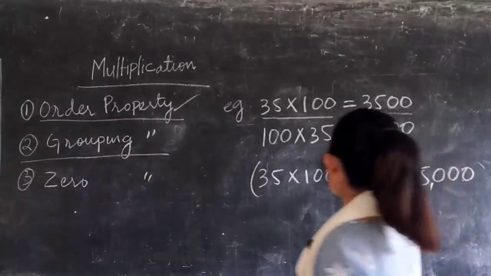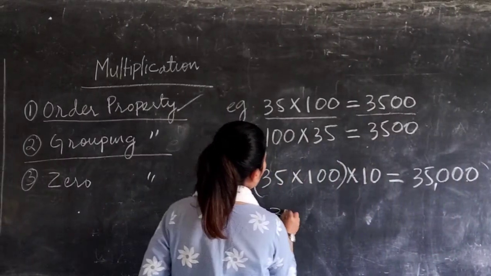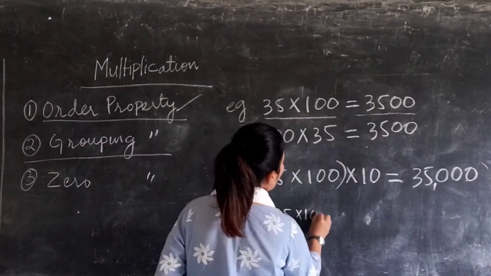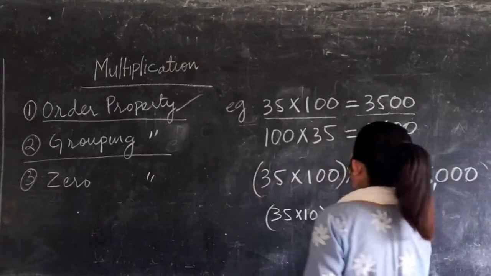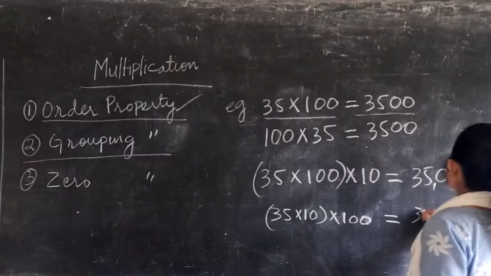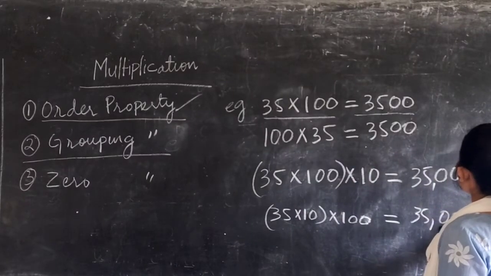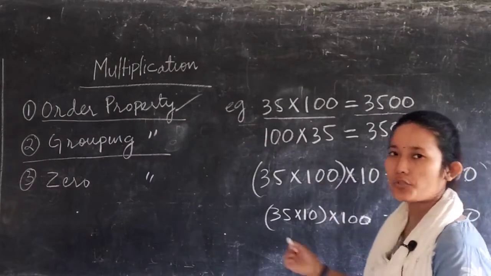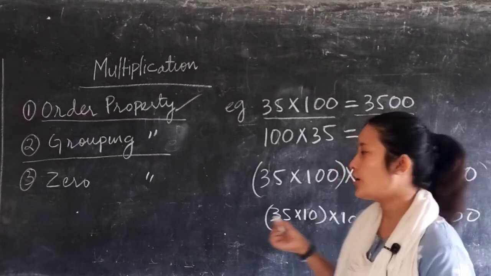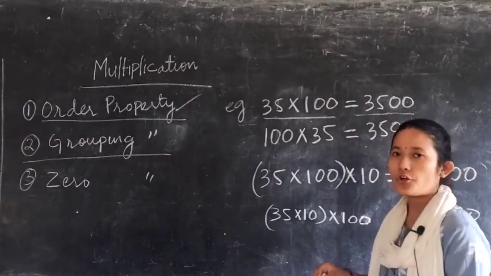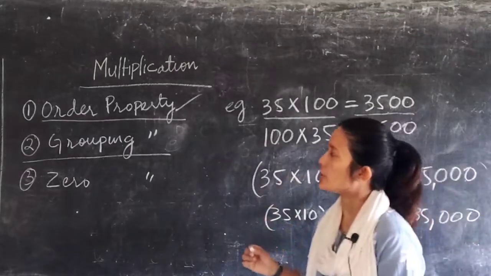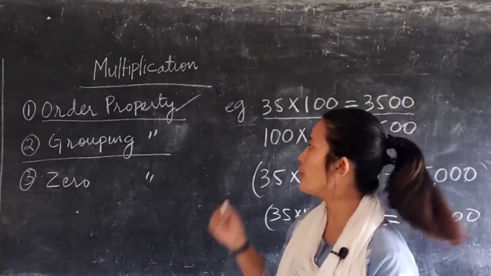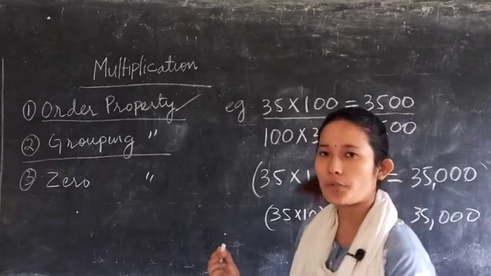Okay, now instead of keeping 35 with the 100, you keep 35 with the 10 and 100 outside the bracket. The answer would be same, that is 35,000. So if you have more than 2 sets of numbers also, you can arrange it according to your convenience. The answer would always be same in case of multiplication. Okay, so I hope you understood order property and grouping property.